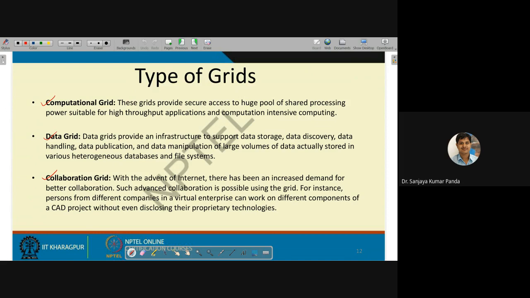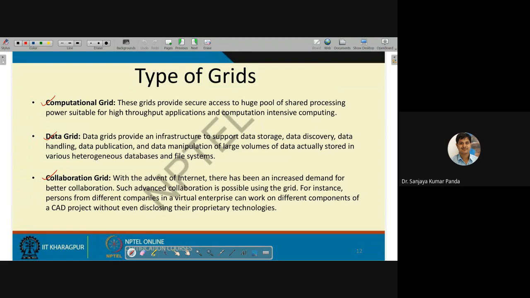In a particular company also, like multinational companies, there are different branches. When they go for a software development process or solve a complex problem, they rely on each other. The different branches work together to develop that particular product or software. In that case also, they can use collaboration.